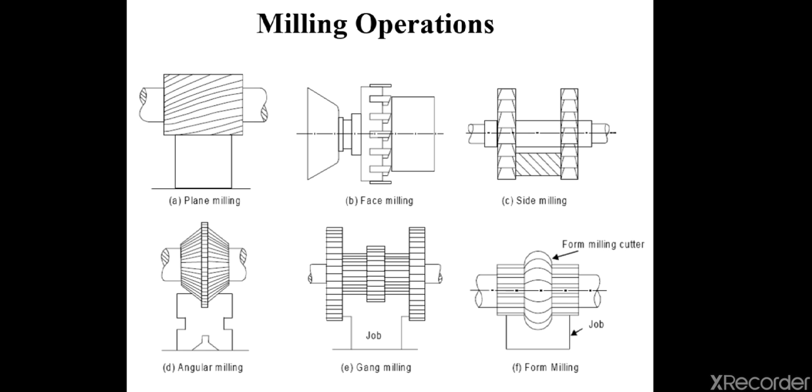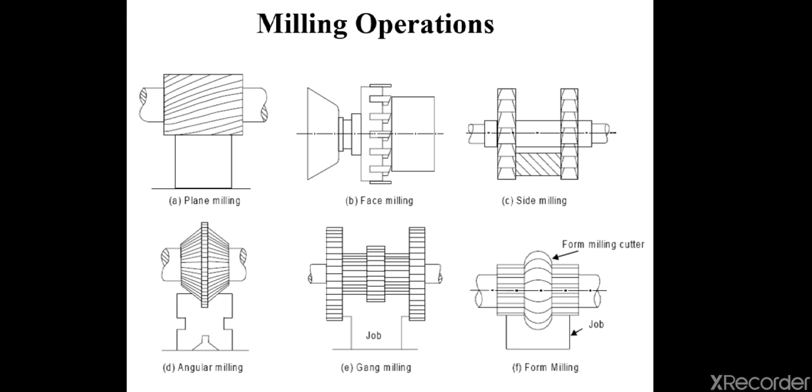Next operation is gang milling operation. Gang milling is shown in figure E. In this operation, several surfaces of the workpiece are machined at the same time. For this, a number of cutters of the same or different diameter are mounted on the arbor, and each cutter removes material simultaneously.